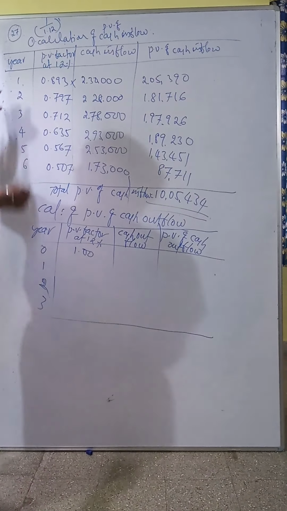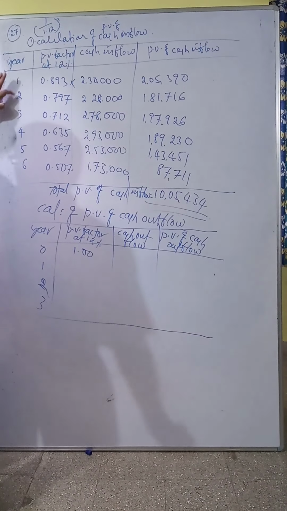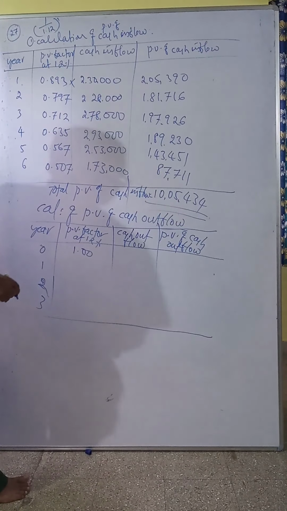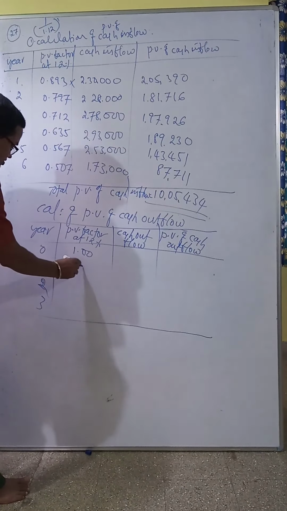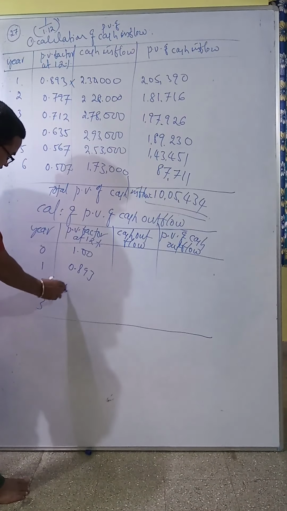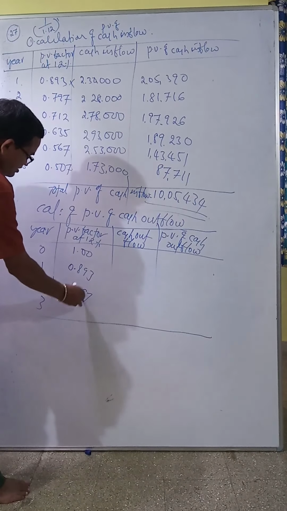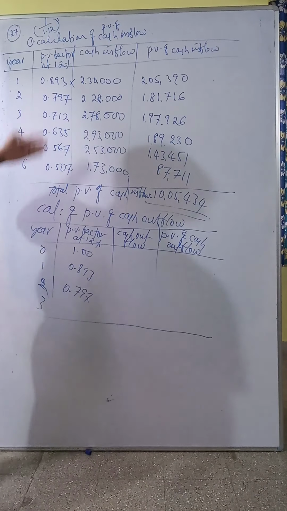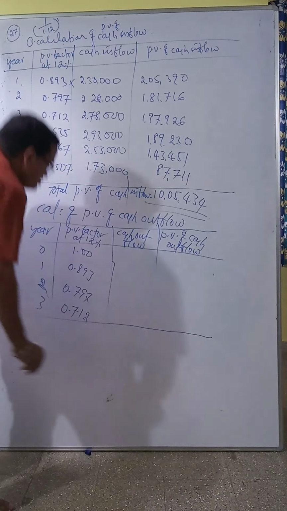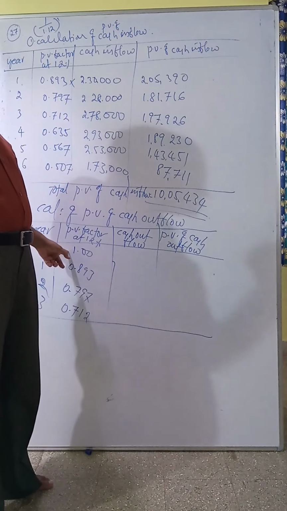Then for the first year, how much? 0.893, which is given here. Second year 0.797, third year 0.712. See, you have to take the starting year as 0, then 1, 2, 3.